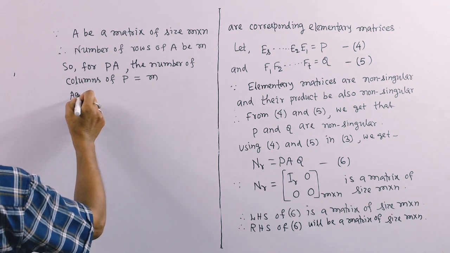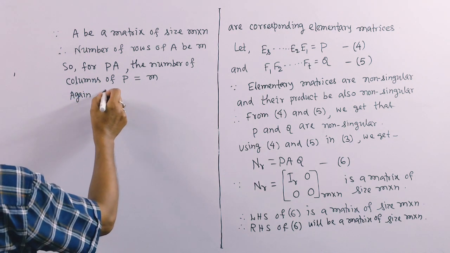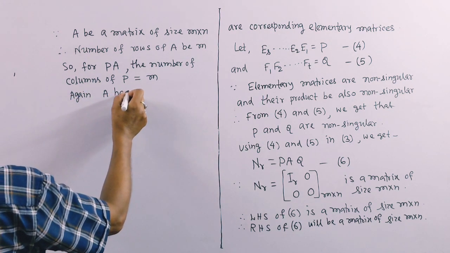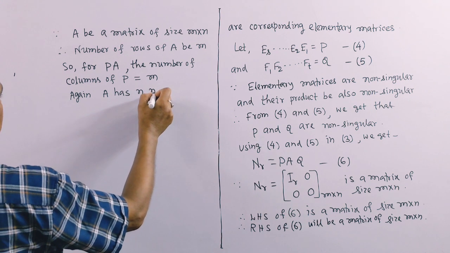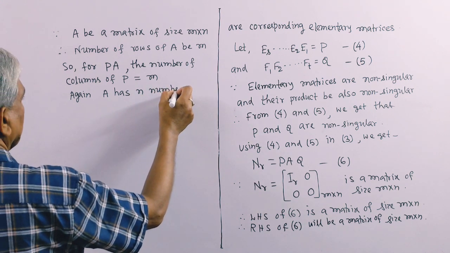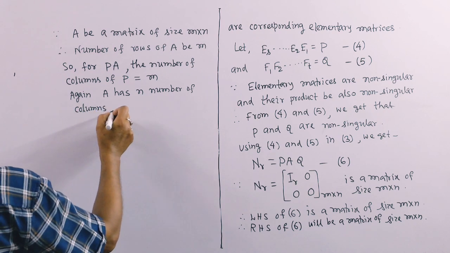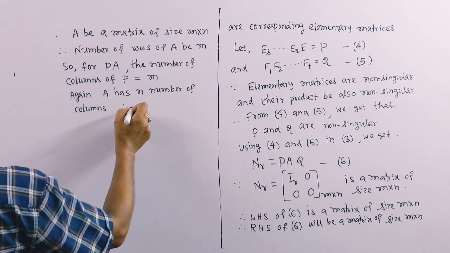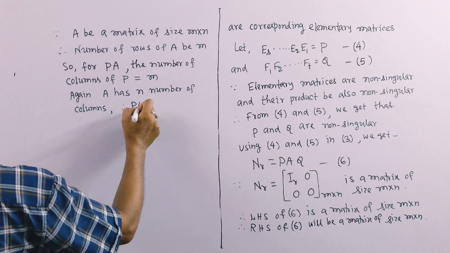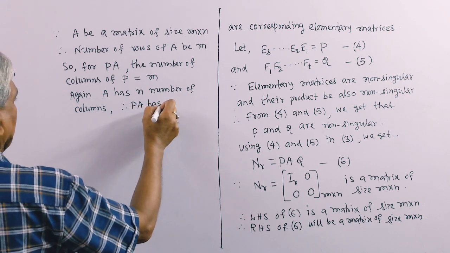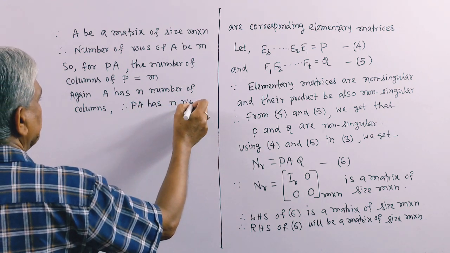Again, A has n columns. Therefore, PA has n columns.